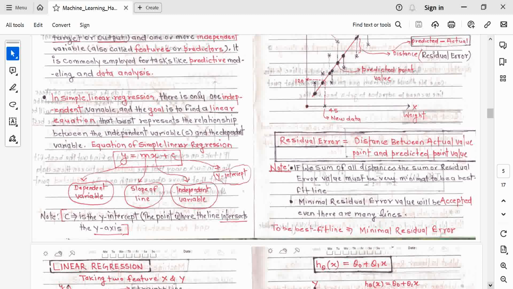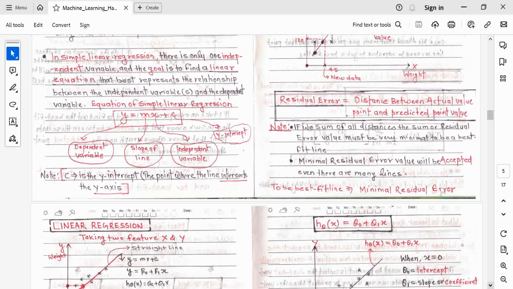Even if there are many lines that could be a best fit line, the sum of the residuals between the line and the actual values must be minimal, and that will be accepted. Minimal residual error will be accepted to be a best fit line.